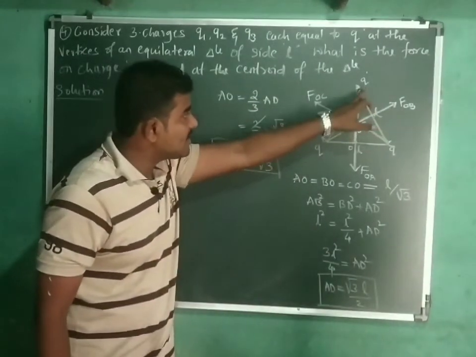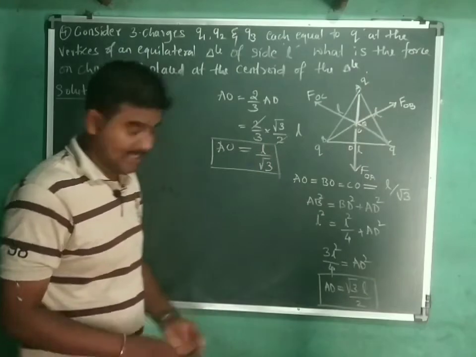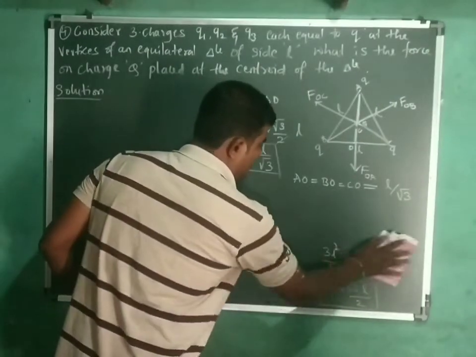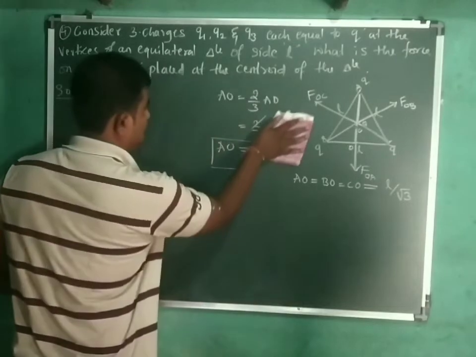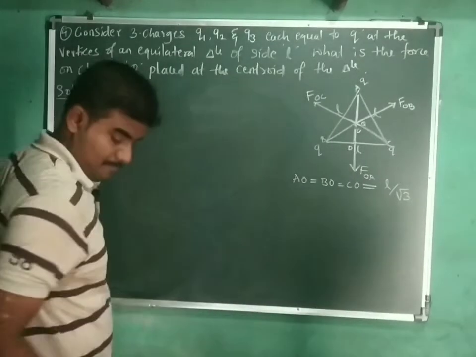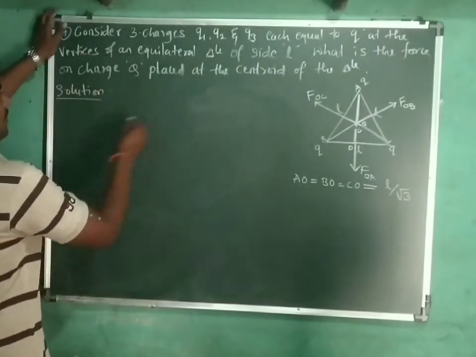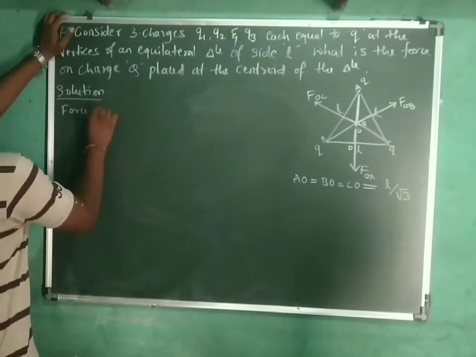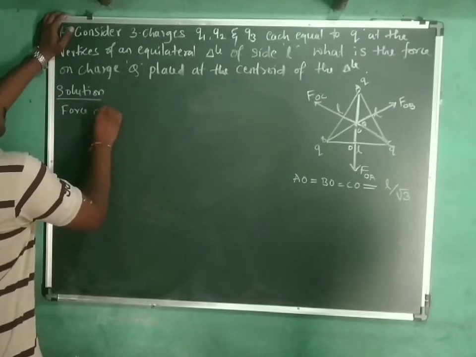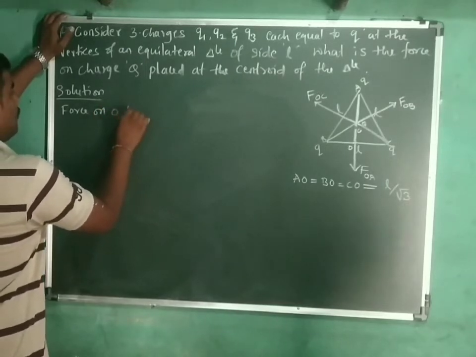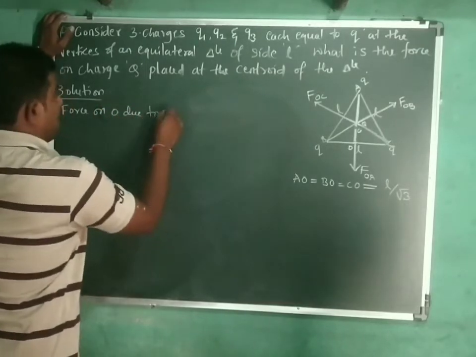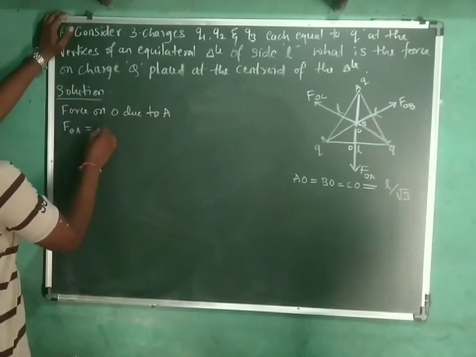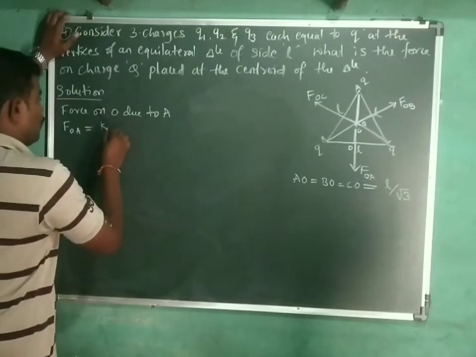Now we know the distance between the charges, so now we can calculate. First, the force on O due to A, that is FOA, is equal to K Q1 Q2 divided by R square.